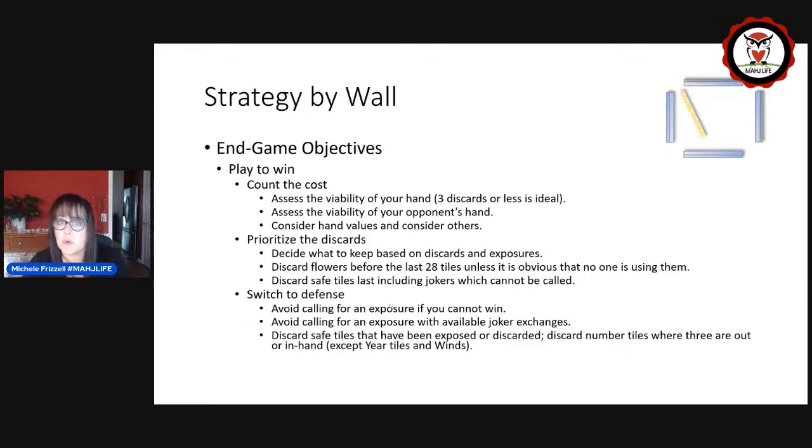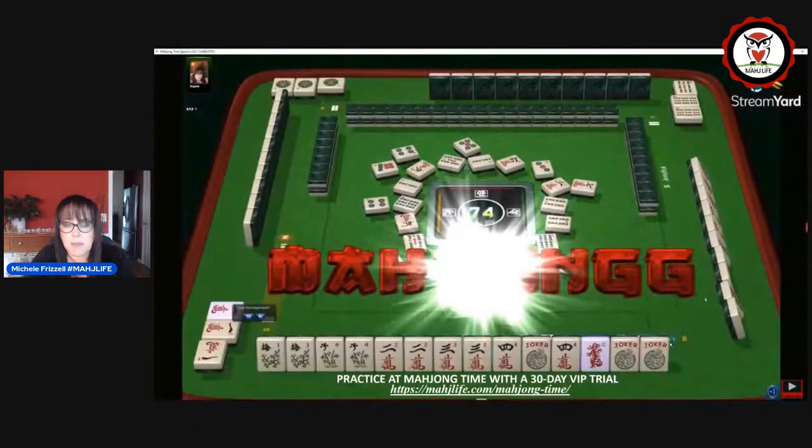Year tiles and winds are going to be riskier than most other tiles, but every tile in the set is a single or pair on the card. So there's technically no safe discard. You just want to survey the table and try to discard as safely as possible at this stage of the game. All right, so let's get back to the game and we'll finish it up.